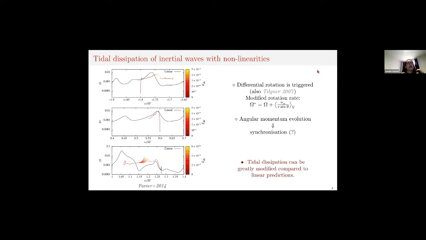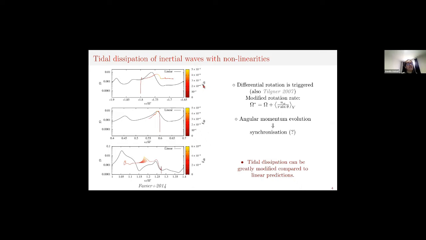The first important result they found is that the self-interaction of inertial waves inside the shell is going to trigger differential rotation, and thus modify the mean rotation rate inside the body. So if you start a nonlinear simulation from an initial tidal forcing frequency, the wave is going to be Doppler shifted by these new zonal flows.